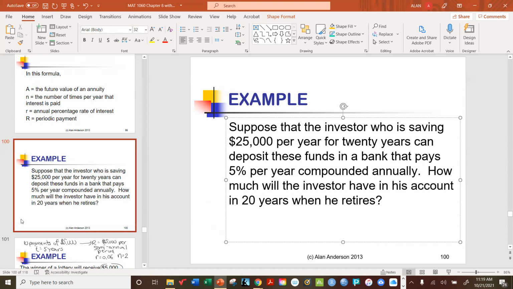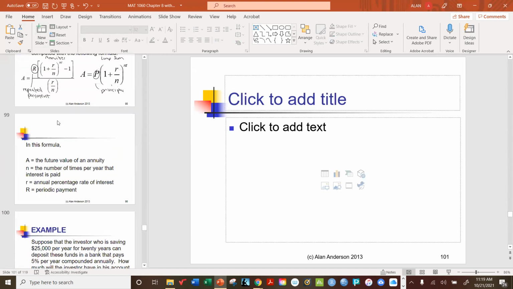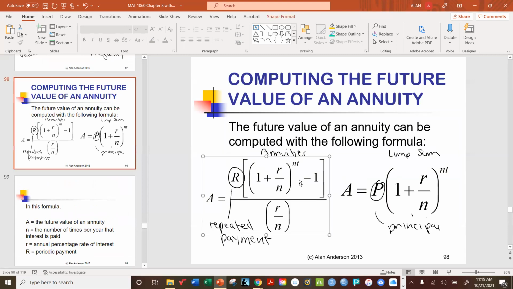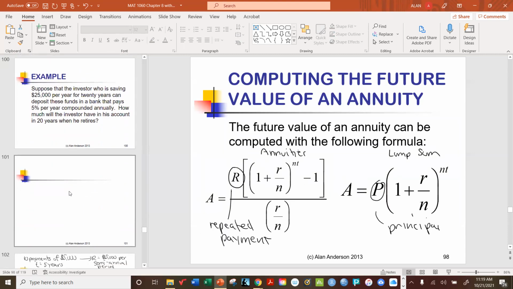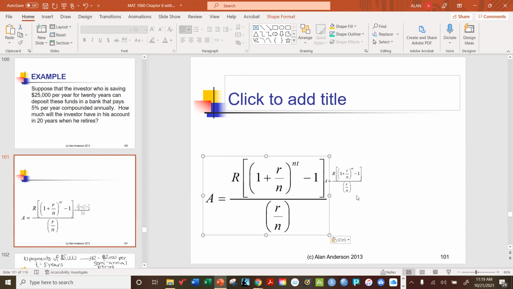All right, so let's go get the formula and plug in some numbers. And like I said, we're going to do this very, very carefully. This is a case where you really want to simplify it as much as you can.